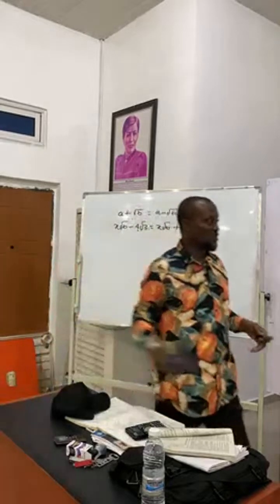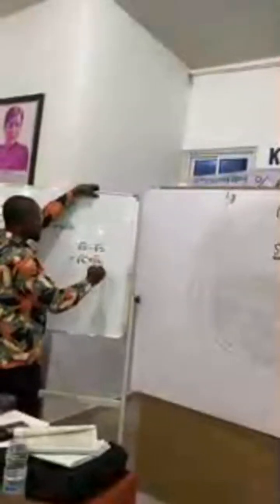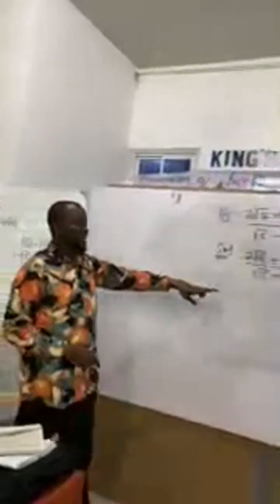So coming to this question now. The conjugate of root 5 minus root 2 will now be root 5 plus root 2. Are you following me? So you multiply the numerator and the denominator by the conjugate.